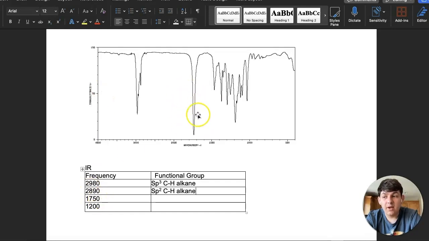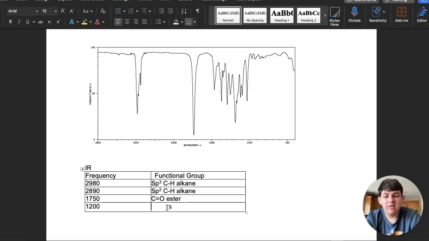1750 right here, this spike, that is a C pi bond to O, specifically an ester, because that one is a little more upfield. We can rule out that it's an ether. Again, we already ruled out carboxylic acid with no alcohol present.